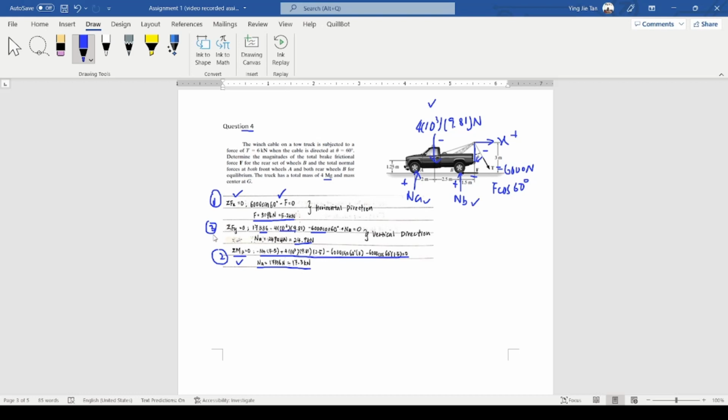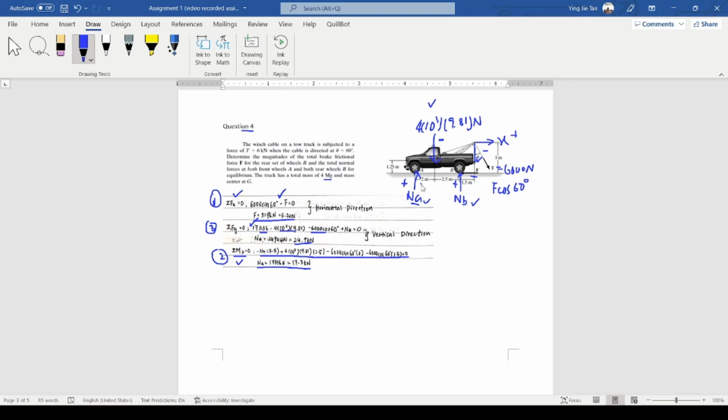And then last will be your third. You will consider the vertical part, which is Fy equals 0. So right here, the vertical one, you will get positive NA. So we write here, and then negative, because this one is the opposite, correct or not? So we consider here positive, then here will be negative.